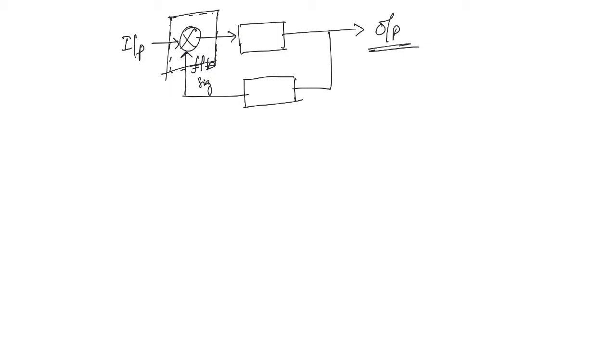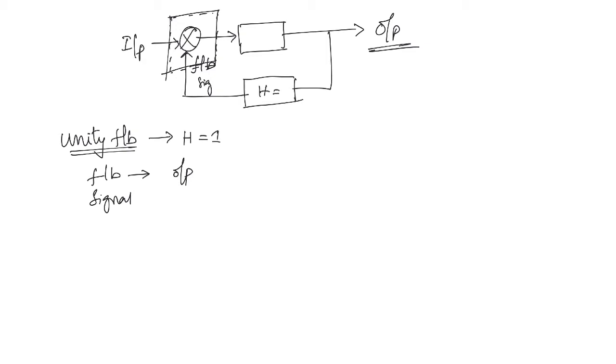So this is where the comparison is taking place. If you take a unity feedback system, the feedback signal will simply be the output. Why? Because for a unity feedback system, H is equal to 1. So here H will be equal to 1, then the feedback signal will simply be equal to the output.